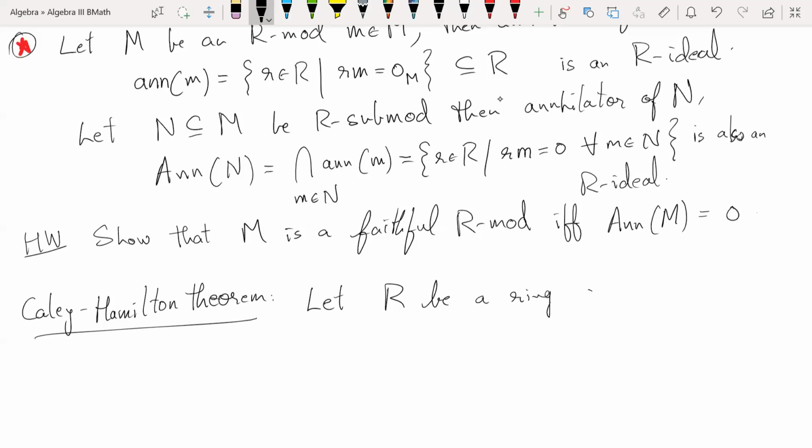Now we will take matrices with coefficients in R. And let A be an n cross n matrix with coefficients in R.